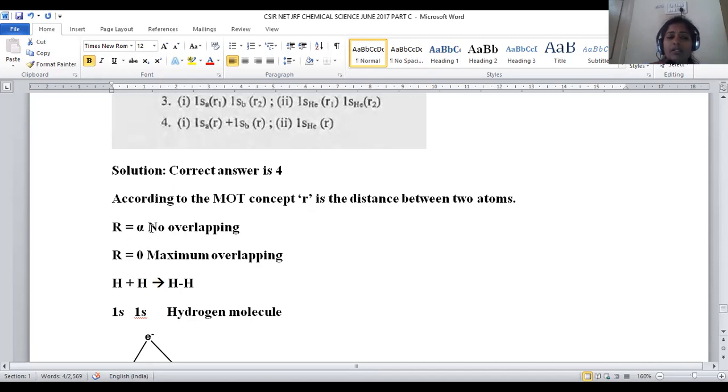If no overlapping is present, if two atoms are far apart from each other, in that case the distance will be denoted as infinity, right? So if atoms are far apart from each other and there is no exact bonding, no exact overlapping, hence you can say R is equal to infinity. At the maximum extent of overlapping, they are in very close proximity where the distance is regarded as infinitesimal. So that is denoted with 0 itself.